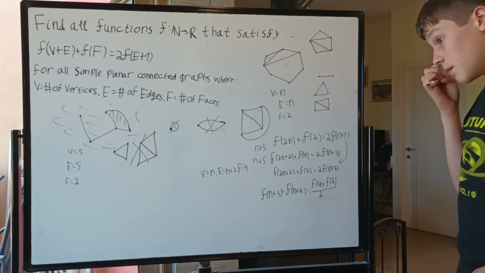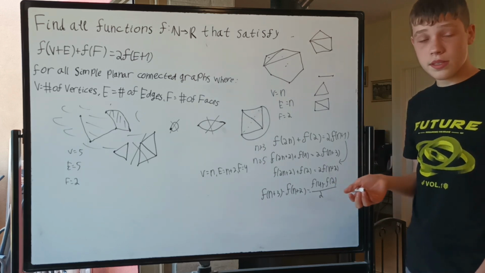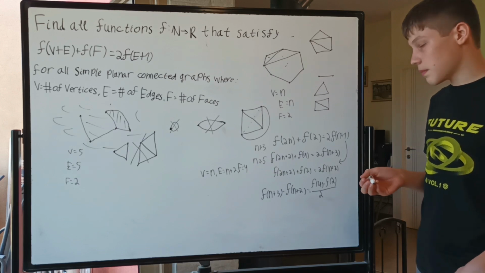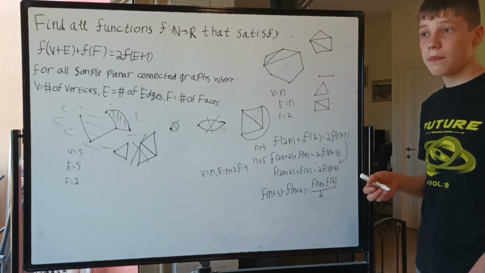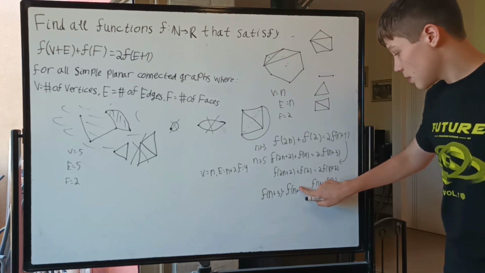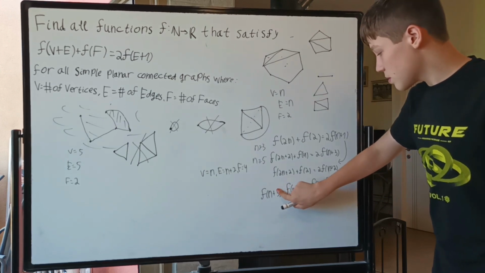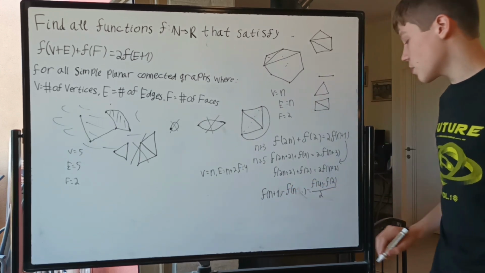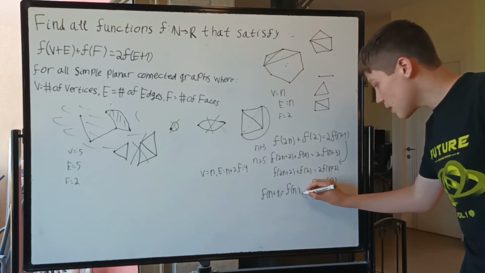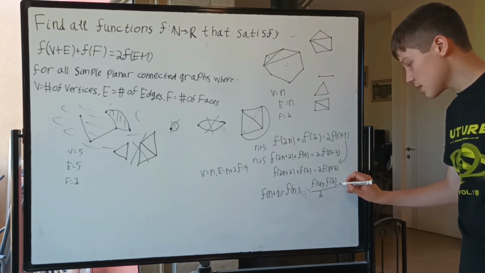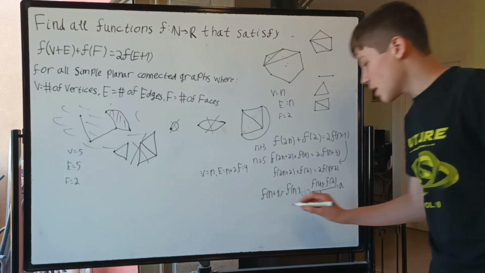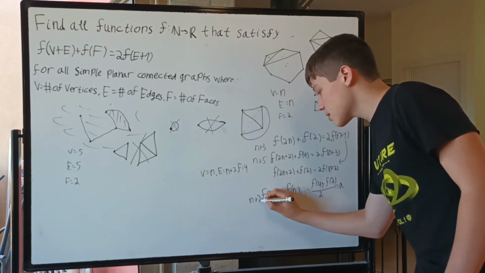But if I replace here n with n minus 2, I'll get that this applies for n bigger than or equal to 7. So f of n plus 1 minus f of n is some constant, I'll call it a. And this applies for n bigger than or equal to 7.